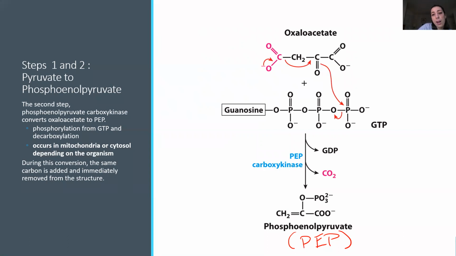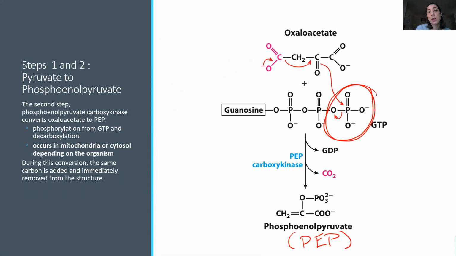So the phosphate on our phosphoenolpyruvate comes from a GTP in our gluconeogenesis. So instead of ATP, we use GTP in the gluconeogenesis.